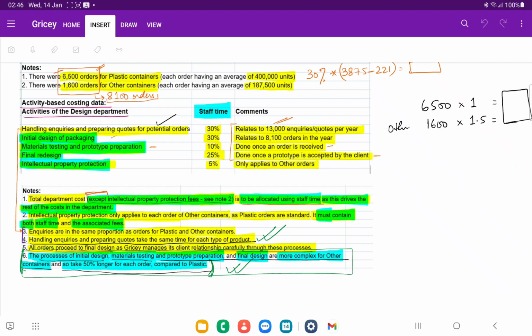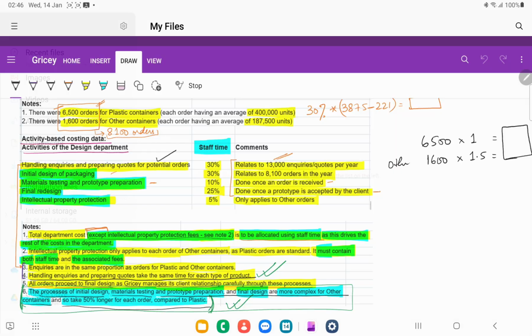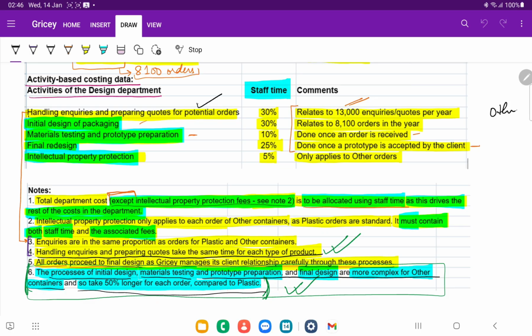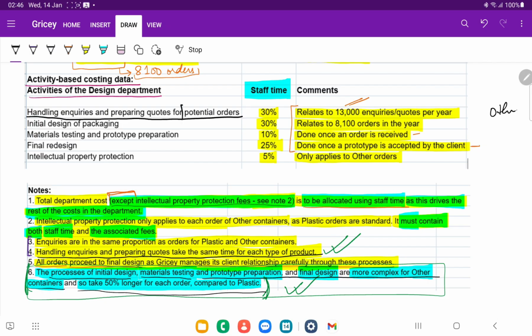So first of all, let's try to identify value added activities and non value added activities. So I'm trying to use a different color here, right? They are starting with handling inquiries. Okay, so they are starting with handling inquiries and preparing quotations for potential orders, right?